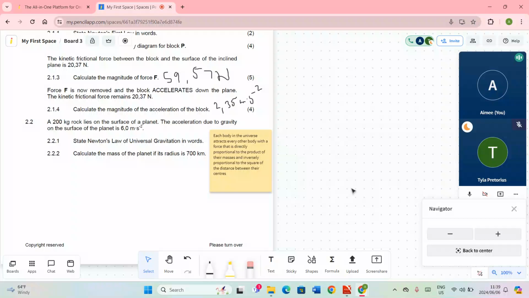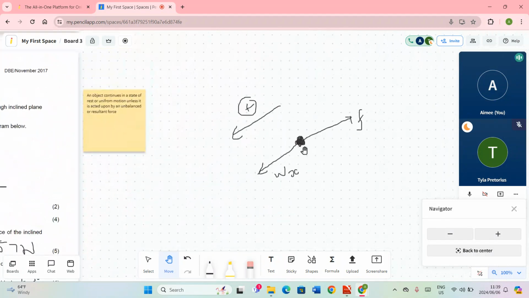So Newton's universal law of gravitation says that each body in the universe attracts every other body with a force that is directly proportional to the product of their masses and inversely proportional to the square of the distance between their centers.